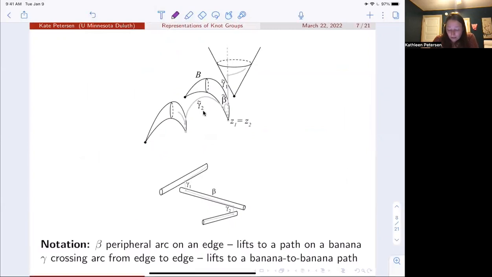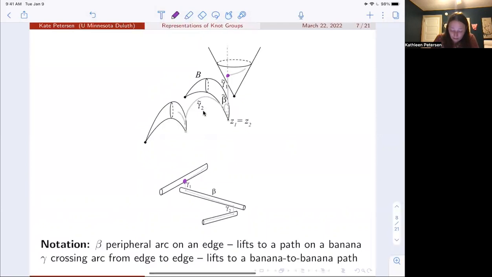And how do these things look in the lift? I'm just going to draw the diagram of the lift into H3 when these are banana-looking bananas, but a similar picture exists if we're talking about horoballs or horospheres. Let's say I start here, then that lifts to some point on a banana.